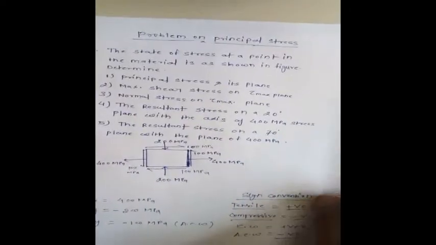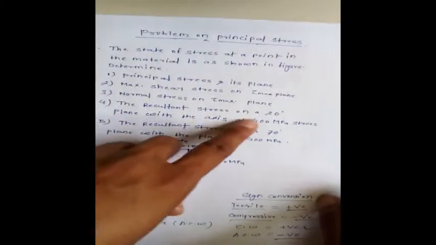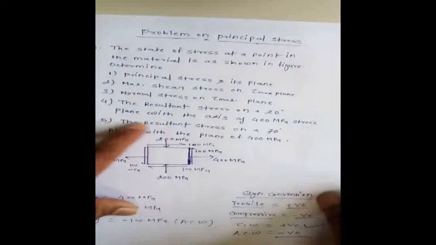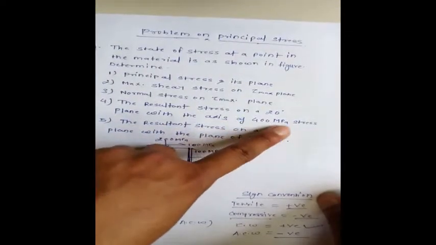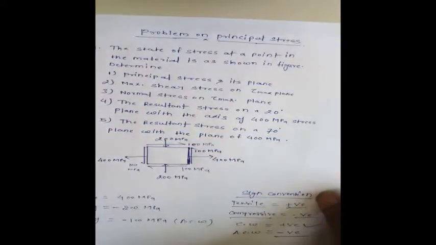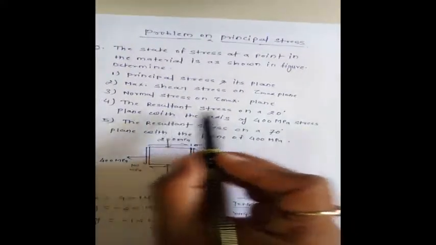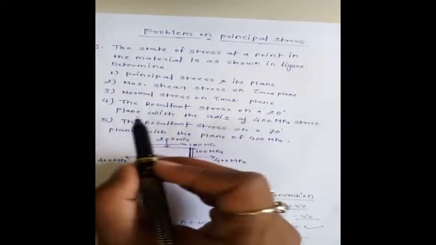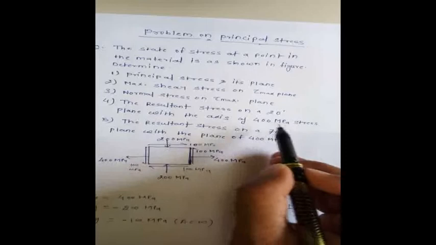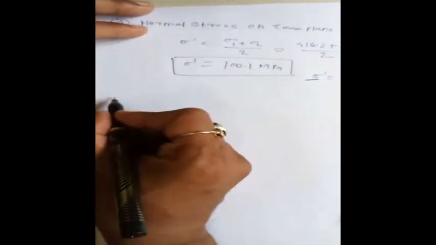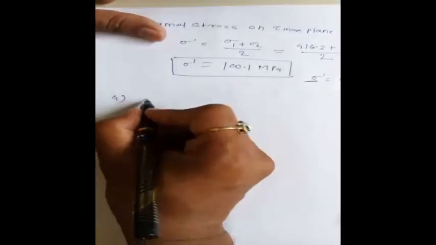And the fourth question is the resultant stress on a 20-degree plane with the axis of 400 megapascal stress. It means we have to find the resultant stress on a 20-degree plane with the axis of 400 megapascal. Remember it, I'll solve the fourth one.